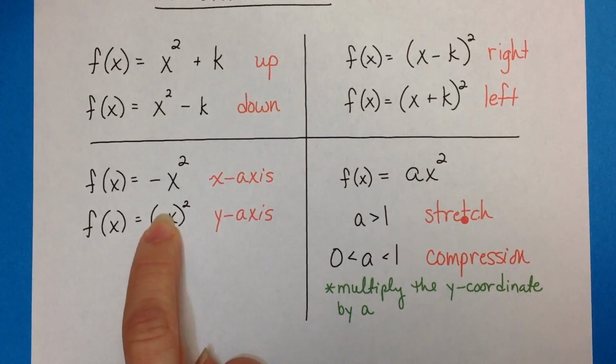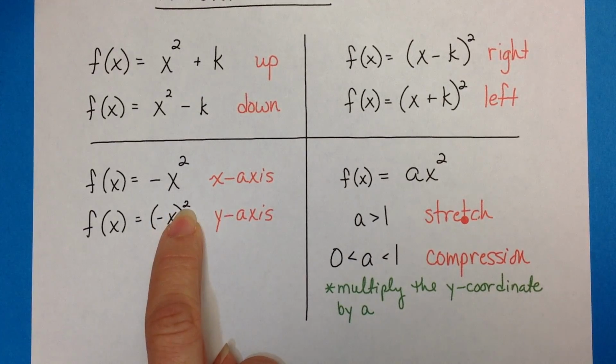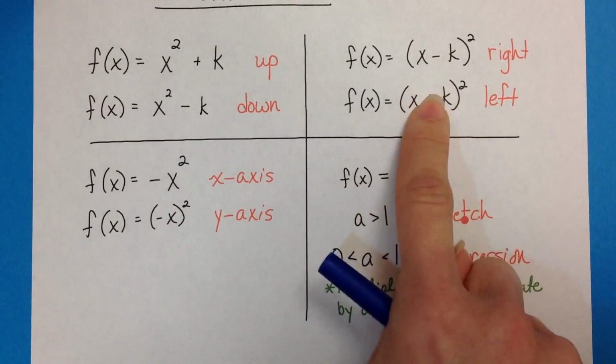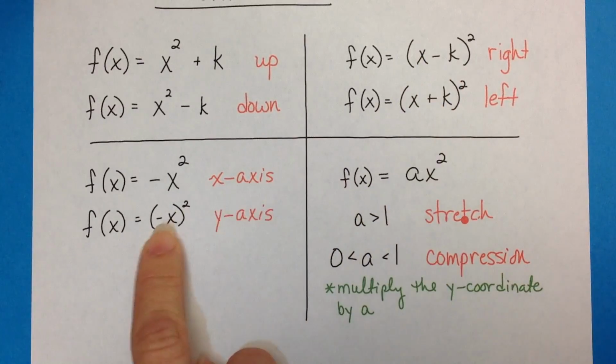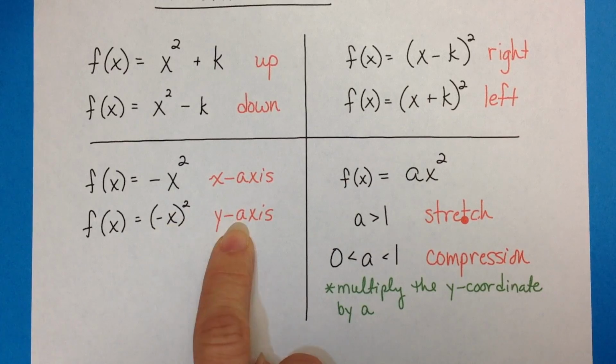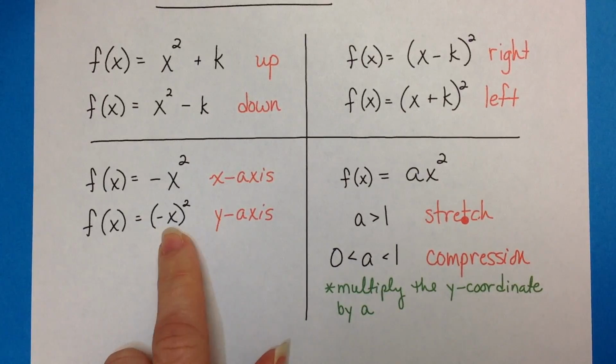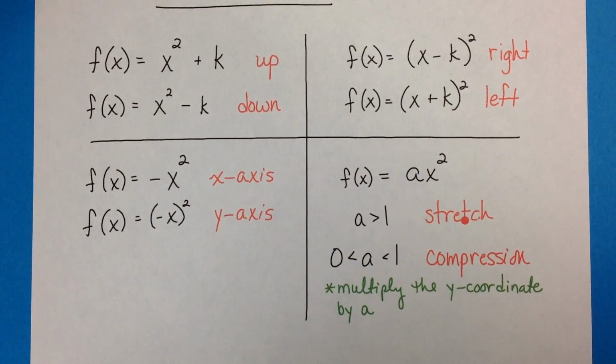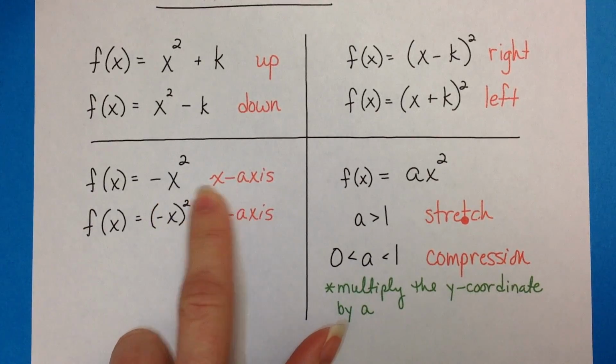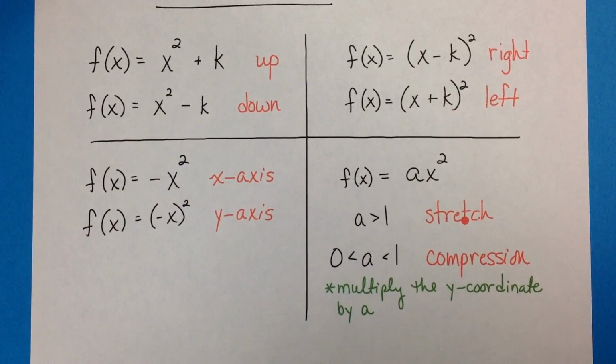If your negative is inside the part that's being squared, just like I referred to these being inside, then you're going to have a reflection about the y-axis. You don't come across this situation much with parabolas because a lot of the times when you reflect a parabola about the y-axis, it doesn't look any different. So most of what we're going to deal with right now is just going to be the x-axis reflection.